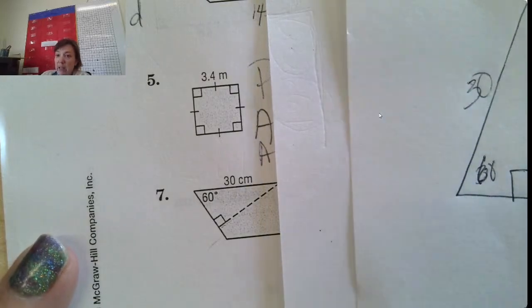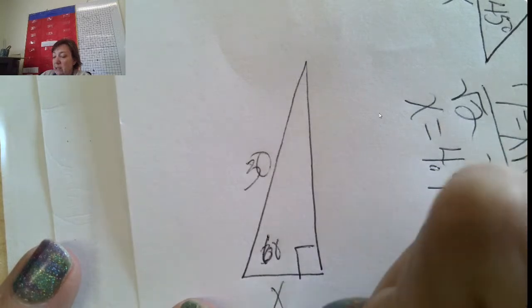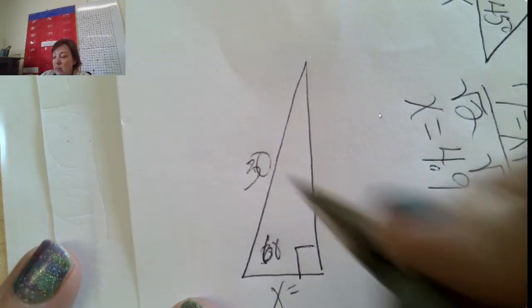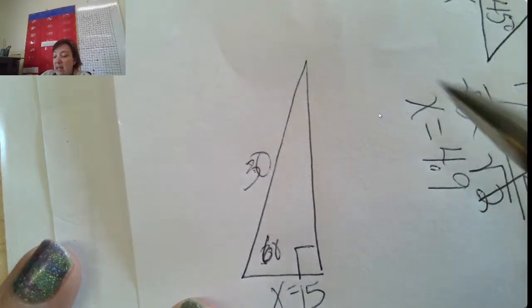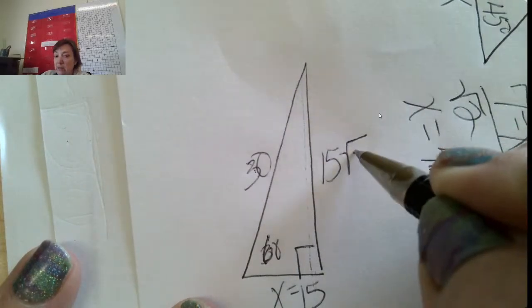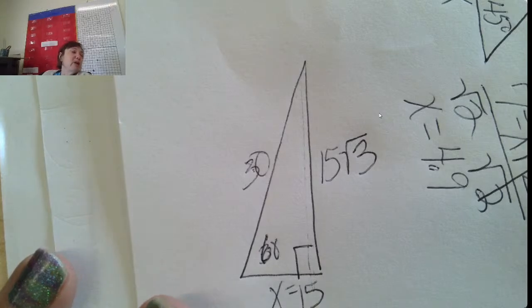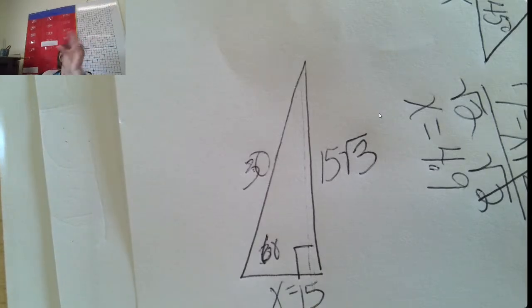We know this is 30, right? So we know this is our short side, and it's going to be half of our long side, so that makes it 15, right? And we know this long side is 15 square roots of 3. On a 30, 60, 90, it's 3. Think of base 3. 30, 60, 90 are all base 3, so it's a 3.